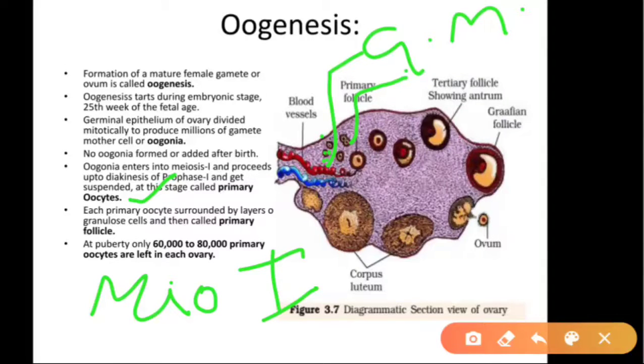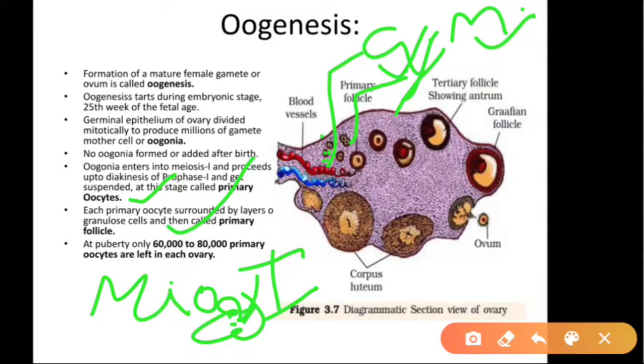Each oocyte is then surrounded by a layer of granulosa cells. When the oocyte is covered by granulosa, it is called a primary follicle. Then it develops into a secondary follicle, then tertiary follicle, and ultimately the Graafian follicle, that is mature. From the Graafian follicle the ovum is released out from the ovary. Now the remaining structure is called the corpus luteum.